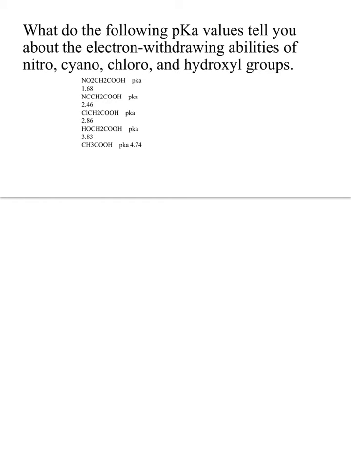All right, this next problem: what do the following pKa values tell you about the electron withdrawing groups of the nitro, cyano, chloro, and hydroxyl groups? All of these compounds are different substituents on the alpha carbon.